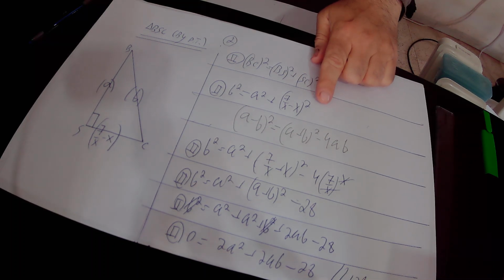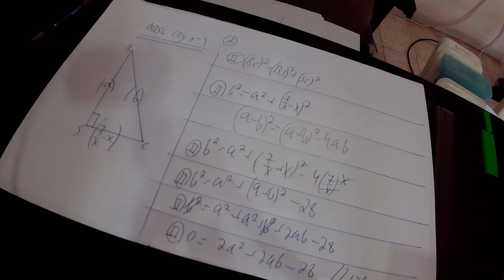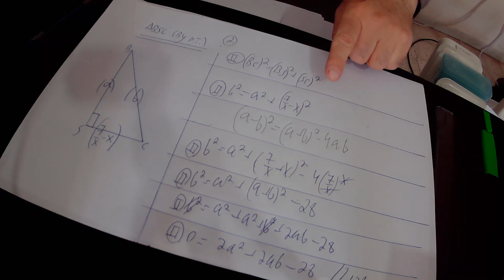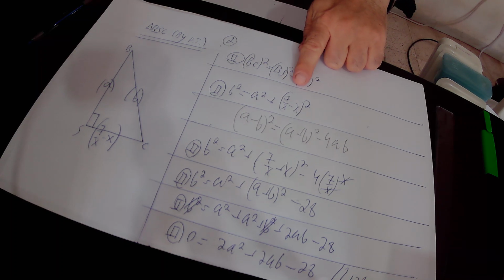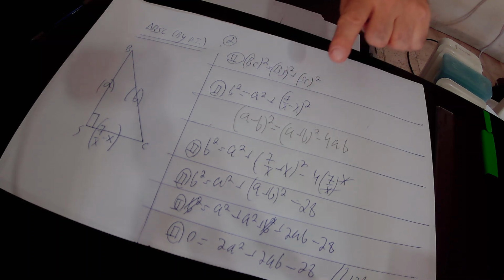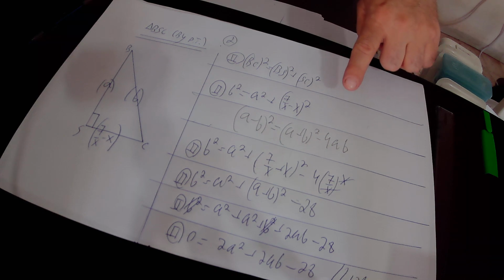So we use the algebraic identity that states that a minus b squared equals a plus b squared minus 4 times ab.